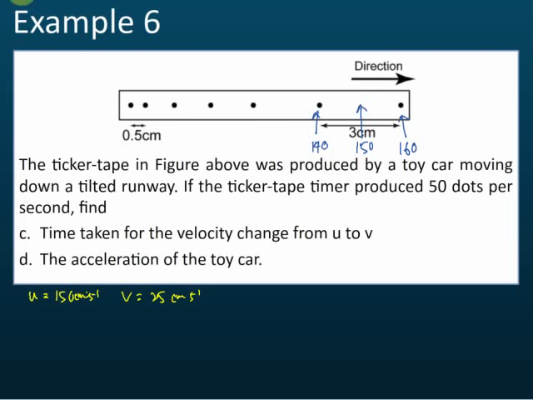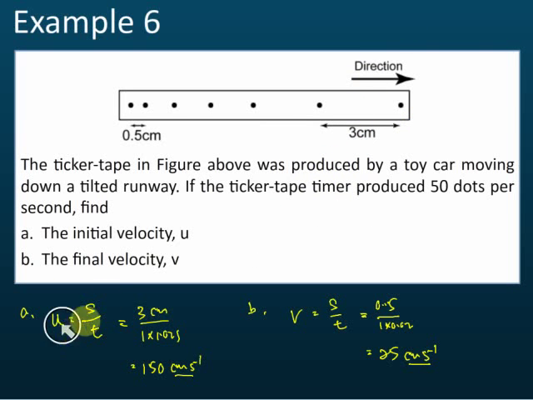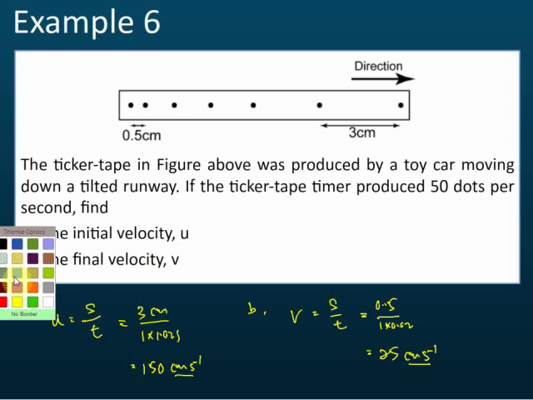If you take the total distance from this dot to this dot, divided by the total time taken, which is 1 tick, what you get is the average speed. So our u, just now, for this case, where we take the total distance divided by the time taken, actually is the average speed.